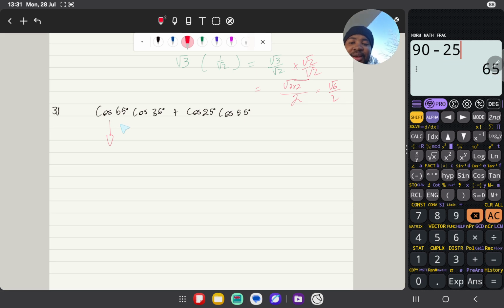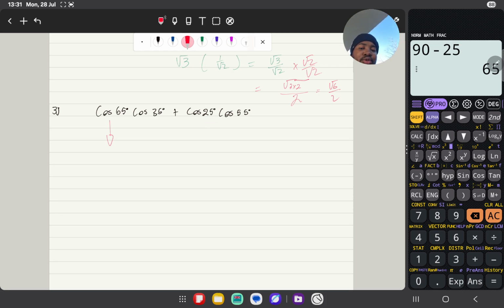I have 65 here, and if I say cos 90 minus 25, it's going to give me sine 25, and then I have a cos 25 here.